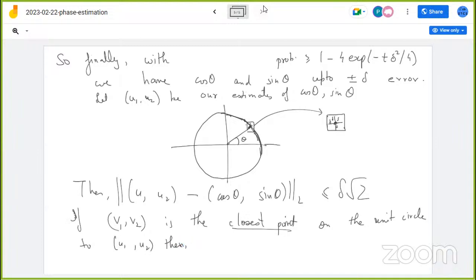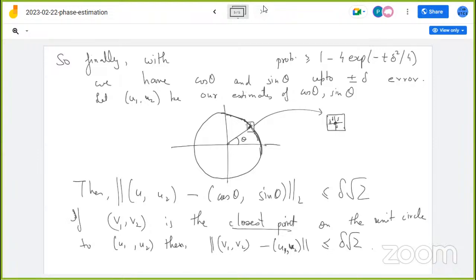So what can I say about the distance from U to V? It's also less than delta. Why? Because cosine theta, sine theta is also a point on the circle itself, so V1, V2 is closer than that. If that distance is less than delta, this one is also less than delta.